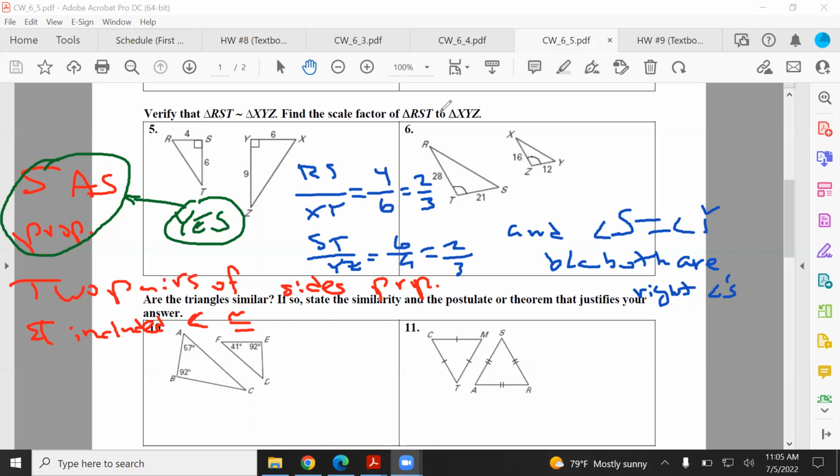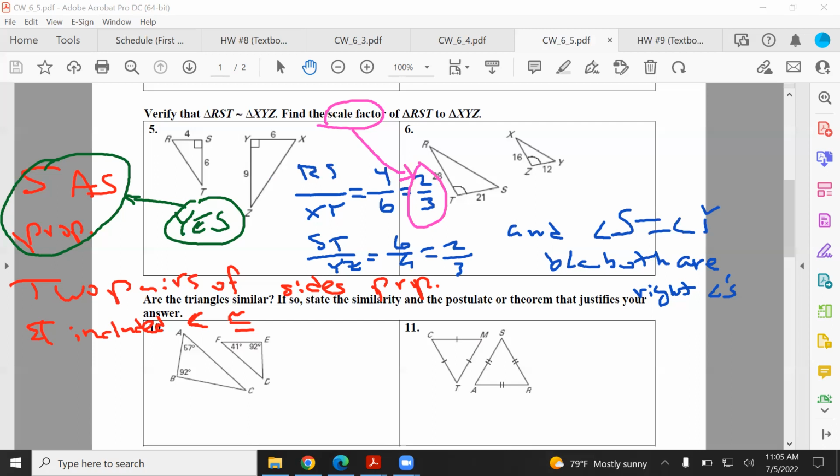We won't do that until later this month, and find what angles R and T are. But you guys are not equipped to do that yet. So for now, we just do side, angle, side. So you'll do something similar for number 6. And the scale factor was 2/3. Okay, questions about that one?